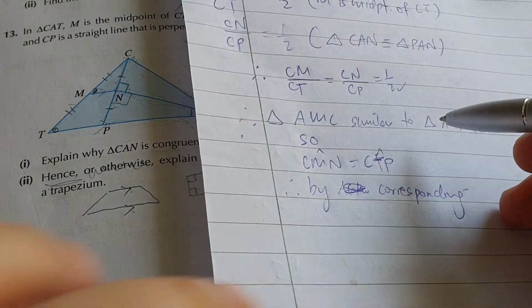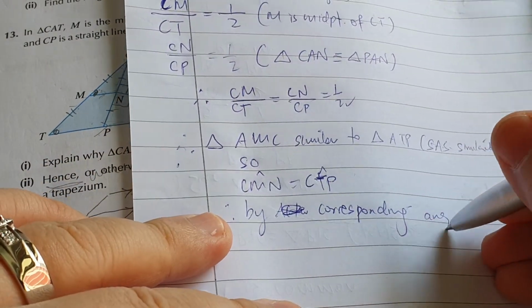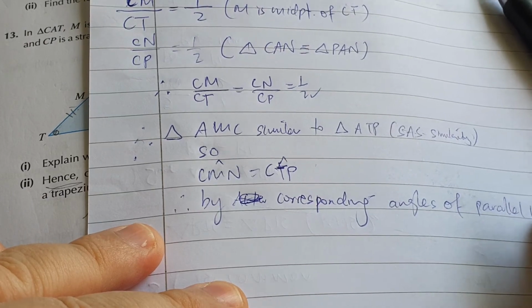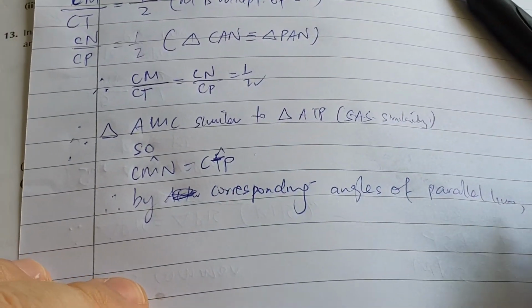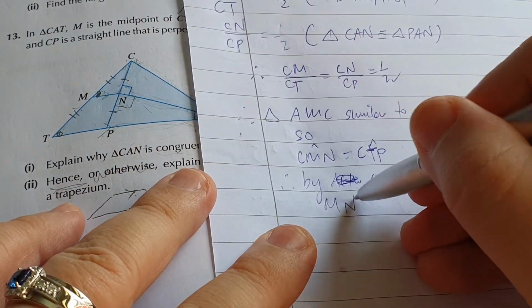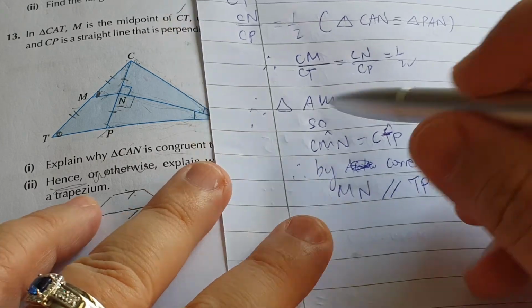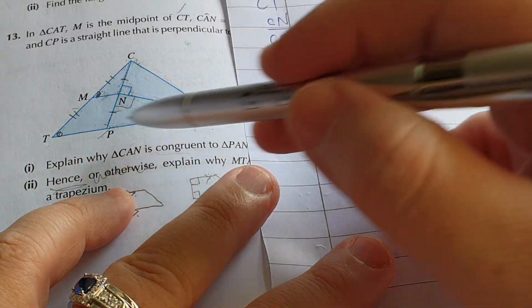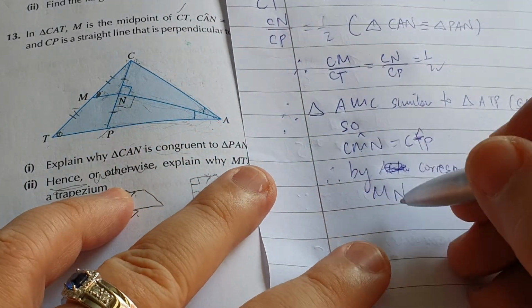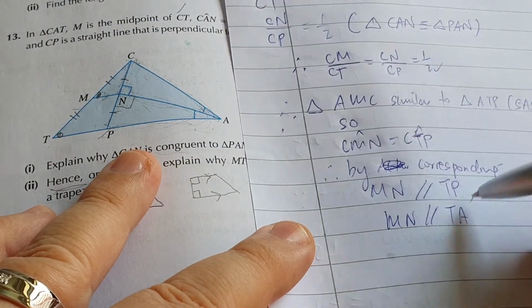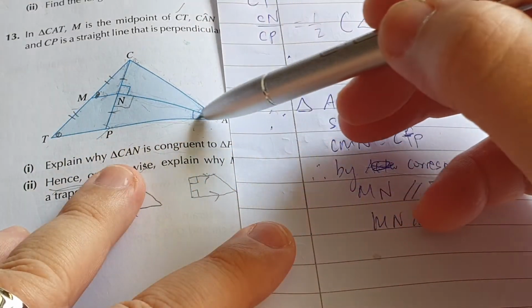By corresponding angles of parallel lines, MN must be parallel to TP, which is TA, because this is a straight line.